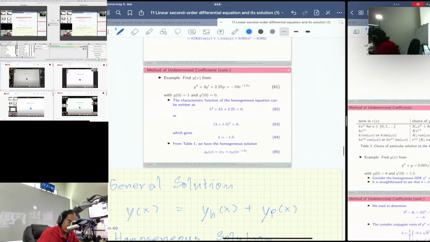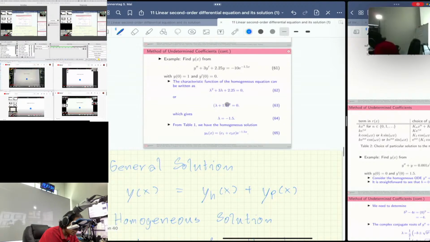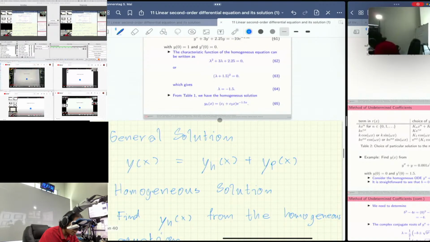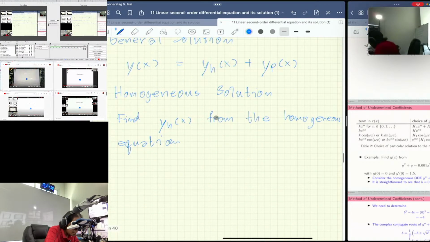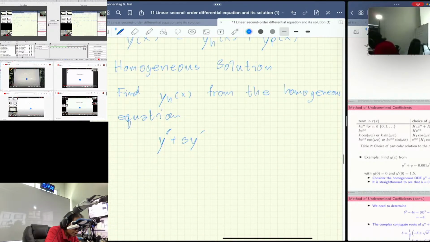Right now I'll copy this equation and force the right hand side to be 0: y double prime plus 3y prime plus 2.25y equal to 0. Please note that we force this one to be 0.